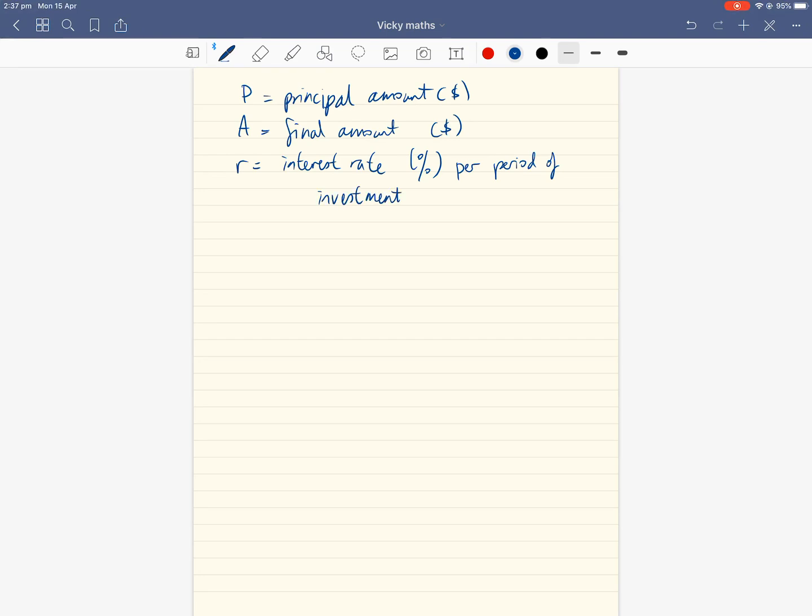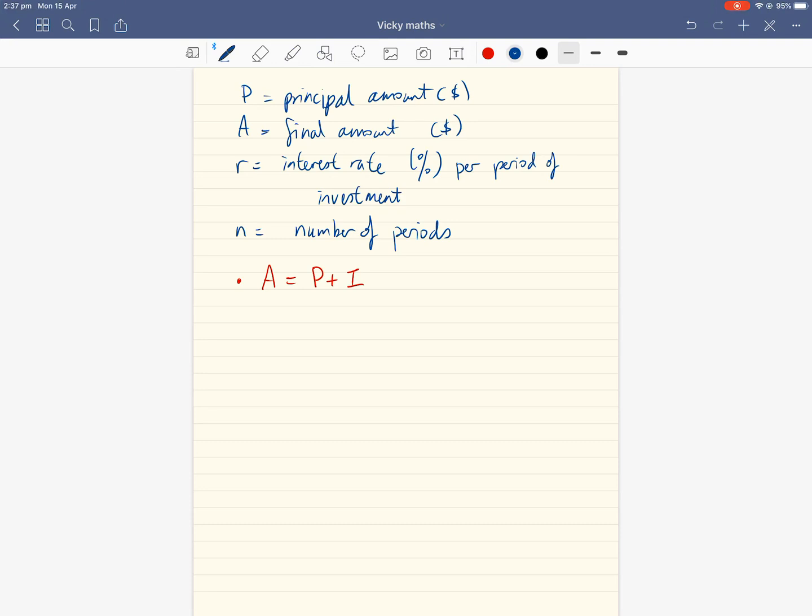So if you're investing per year or per month or per week, your R changes accordingly. N is your number of periods that you're investing for. We'll do some examples in a moment to see how to use this formula. In addition, we also have the relationship that the final amount is the sum of what you started off with plus the amount of interest gained or having to pay back.